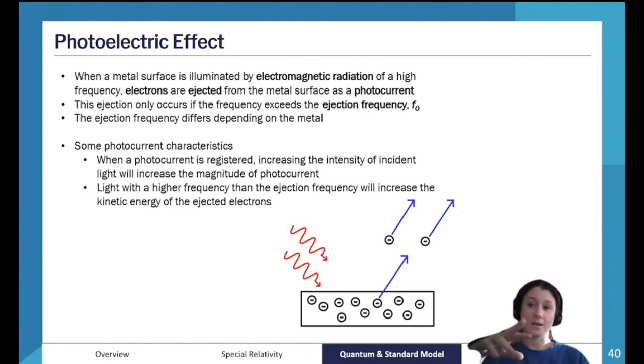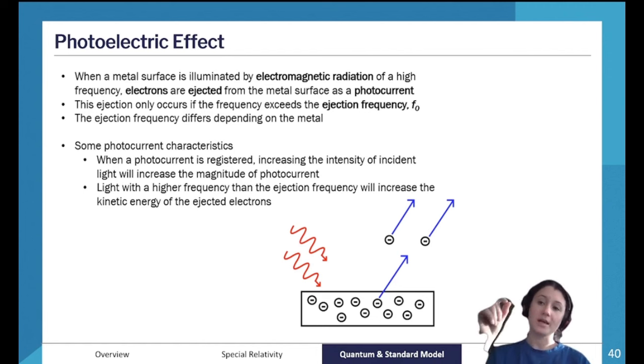Because we have E equals hf, right? The more frequency, the more energy, right? So if we have high frequency photons coming in, they have a lot of energy. They come in to the metal and they give all of their energy to one single electron, right? They give all of their energy to one single electron.